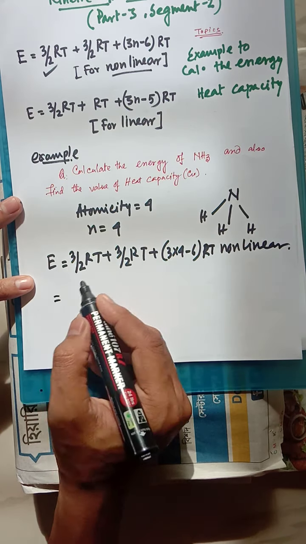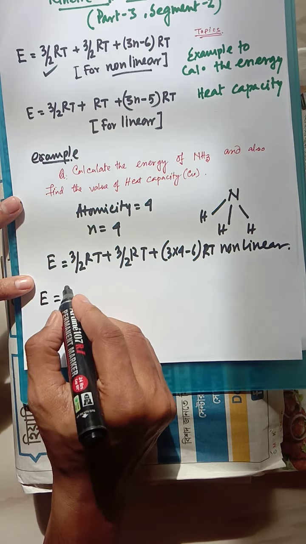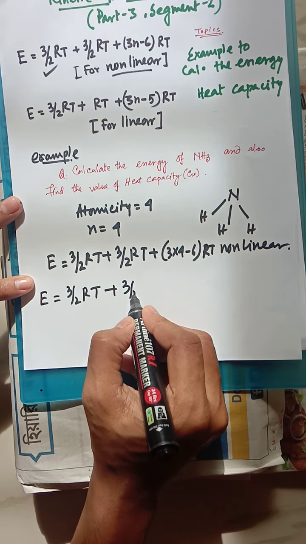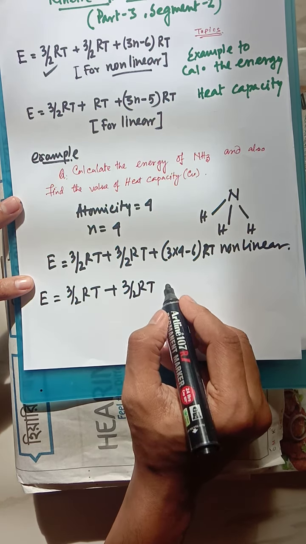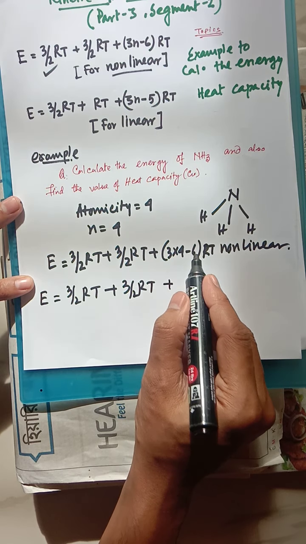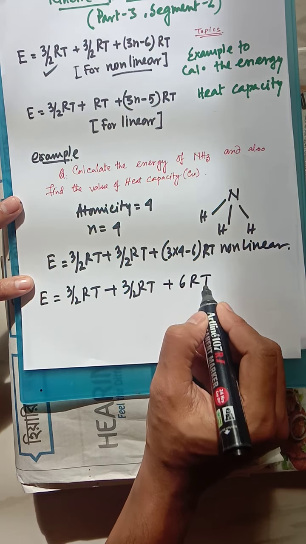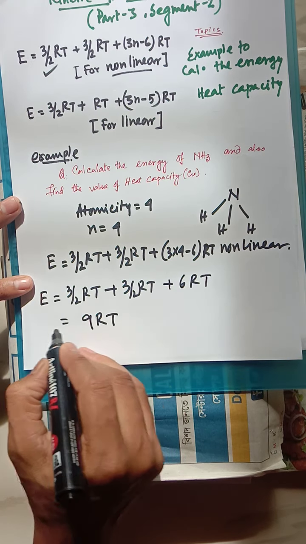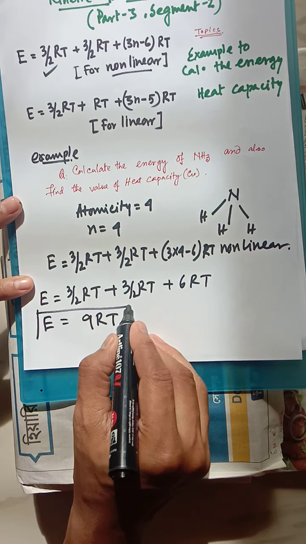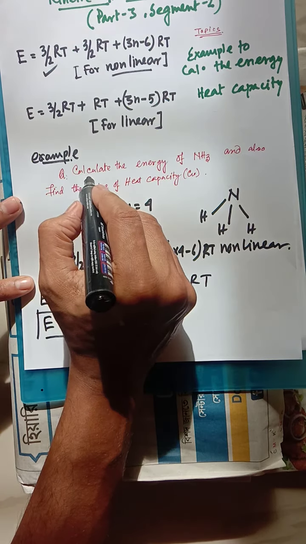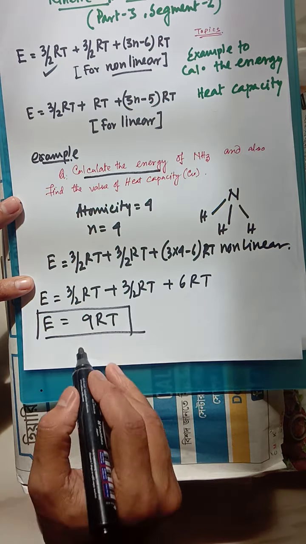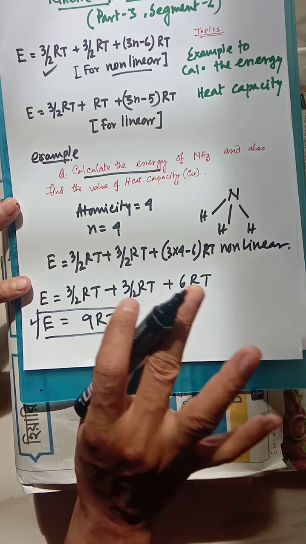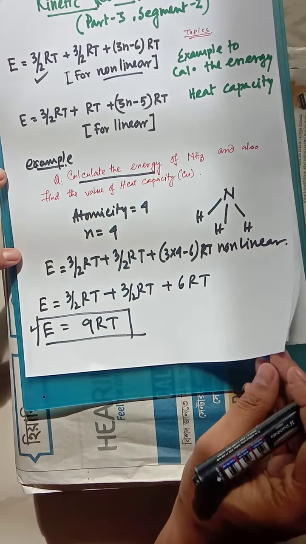Now it is a simple mathematical operation: 3 by 2 RT, 3 by 2 RT, plus 12 minus 6 gives 6 RT. So finally it will be 9 RT. That is the answer to the first part, calculating the amount of energy. Hope that is very clear.